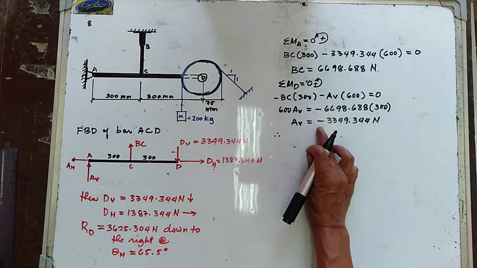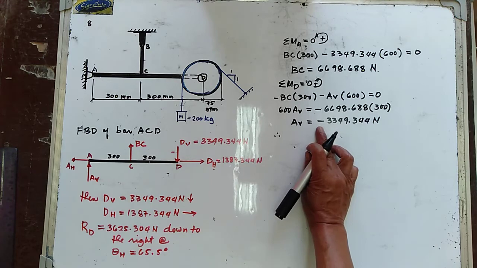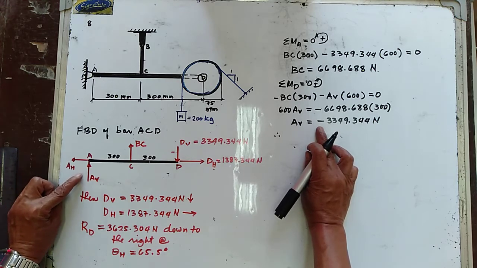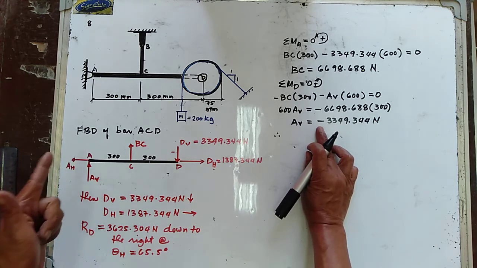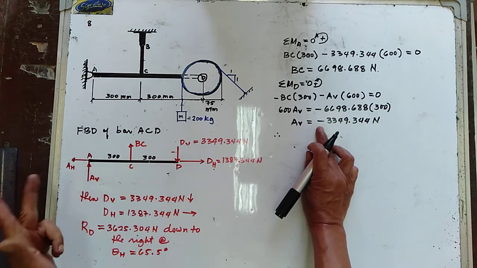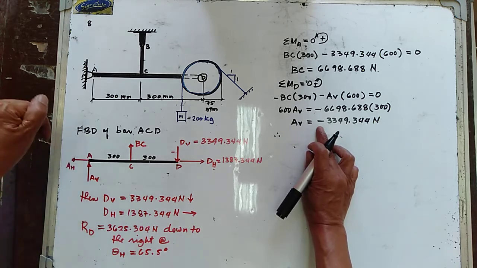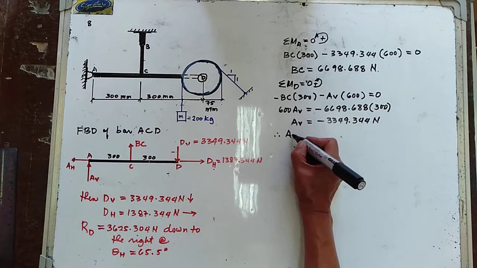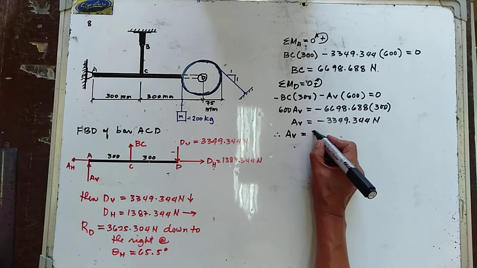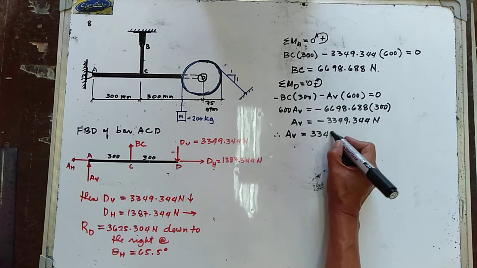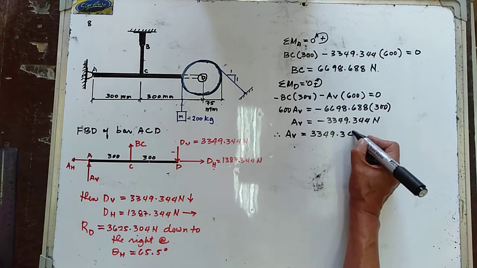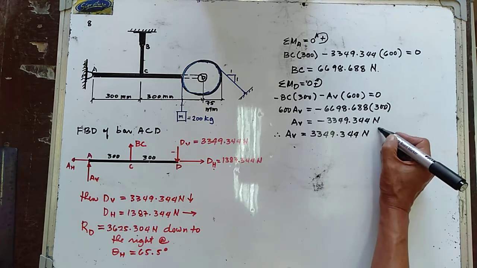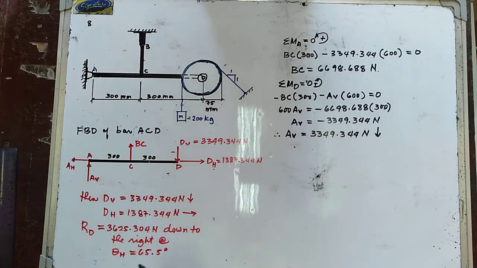Therefore, since we get a negative value, then the assumed direction of AV, which is going up, is not correct. So it should have to go down. So your AV is equal to 3349.344 newtons, and that is downward.